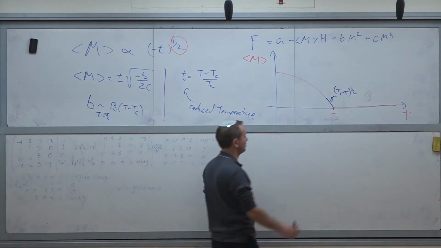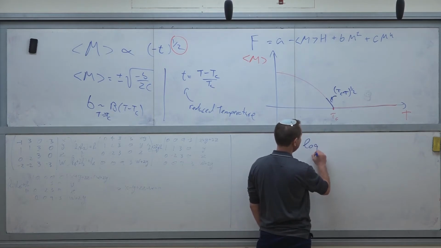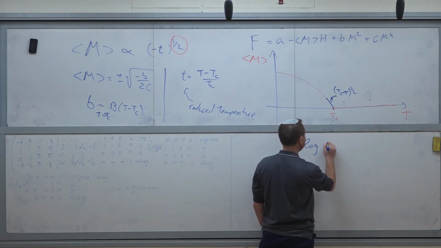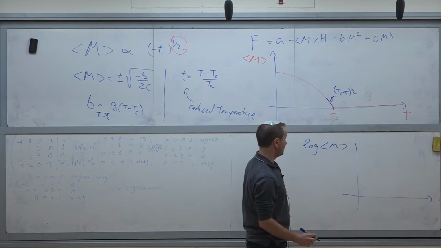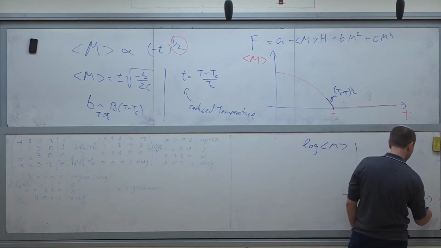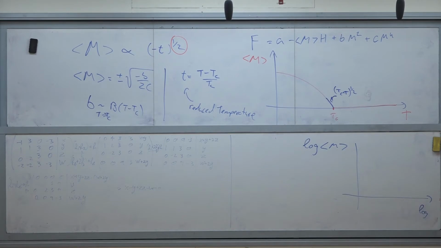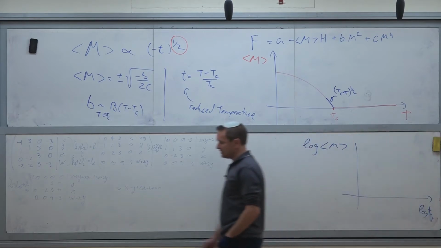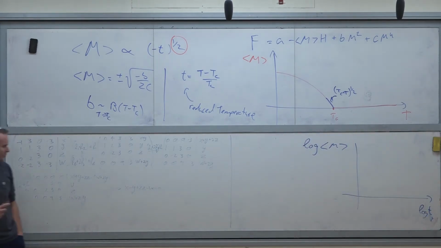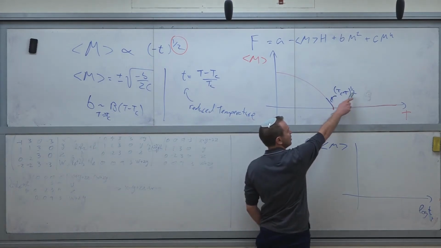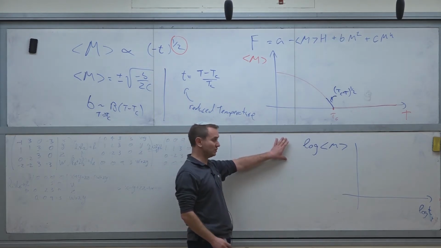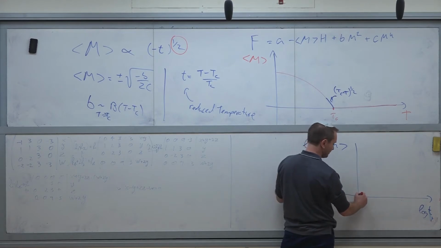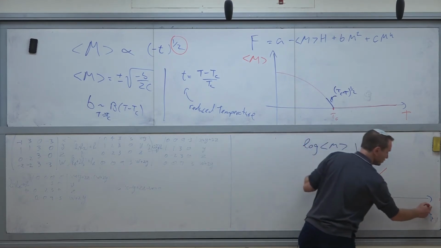So if we plot the log of m as a function of the log of t, because the exponent 1/2 is transformed into the slope of a log, we will see a straight line, or at least a log of minus t.